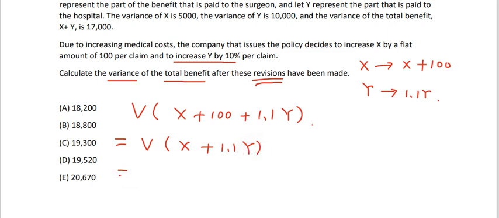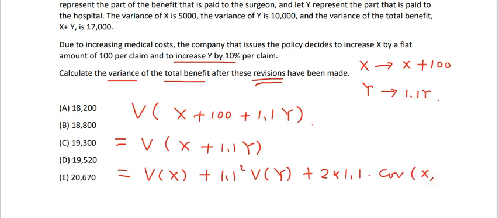So this equals Vx plus V(1.1Y). So V(1.1Y) is 1.1 squared times Vy, and also plus 2 times covariance. So 2 times 1.1 is the coefficient, 1.1 times 1, and covariance of XY.